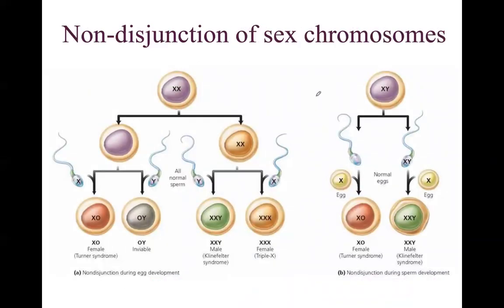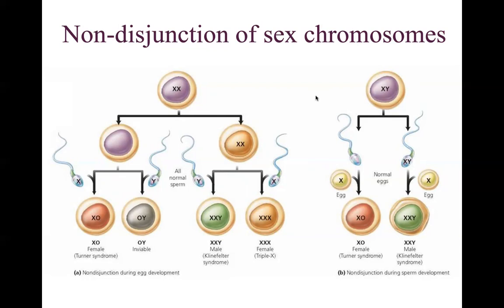Okay, so let's talk about the non-disjunction that happens in human gamete formation, either the sperm or the egg, and let's see how we actually get some of these syndromes. We can see them on the screen. Now, if you don't remember, non-disjunction is when we're producing egg and sperm, but the number of chromosomes is wrong because they did not separate.